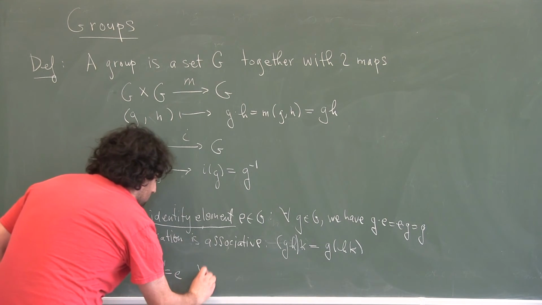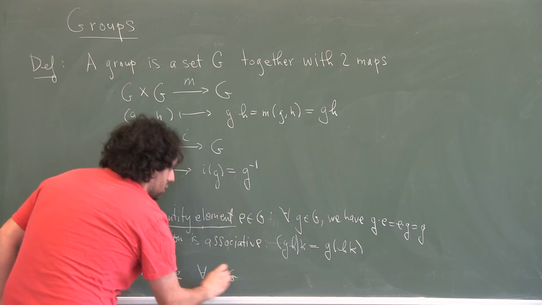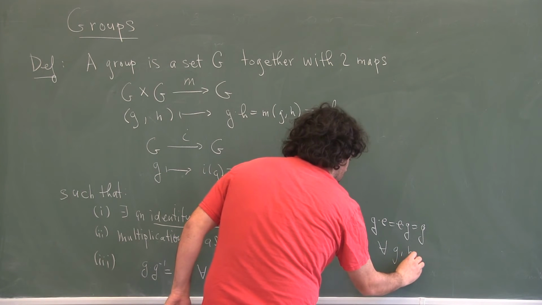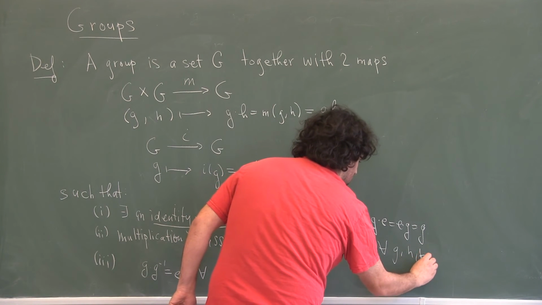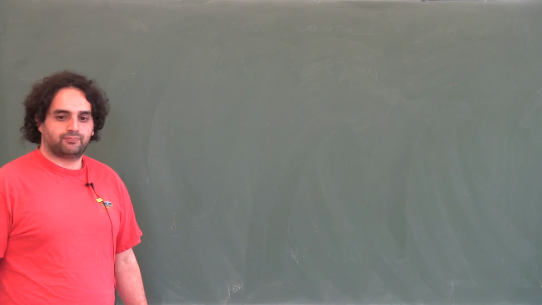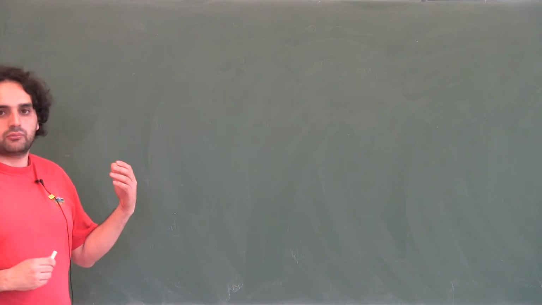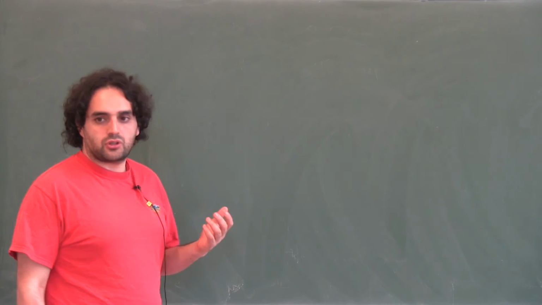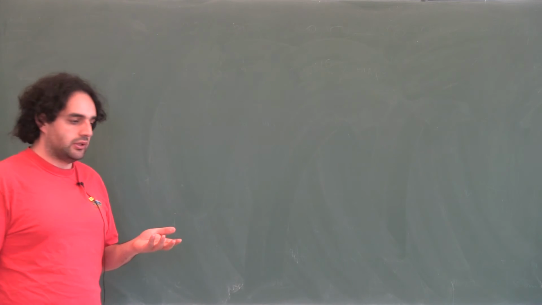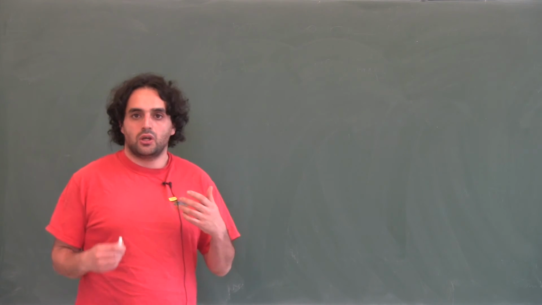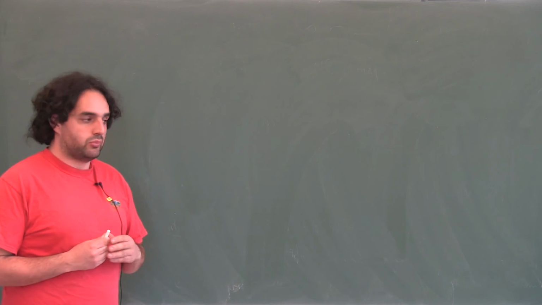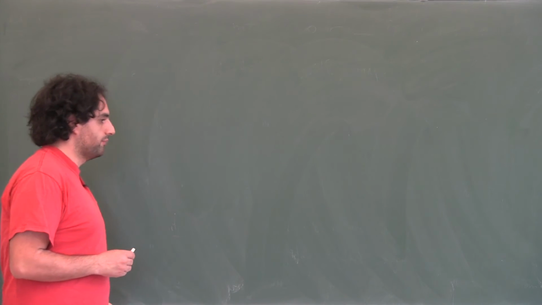This is true for all G in G. And here the associativity is for all G, H, K in G. Okay, so I gave you the formal definition of a group. Now I would like to briefly explain more concretely what it means and then to give two examples which will be two of the main examples discussed in this course.